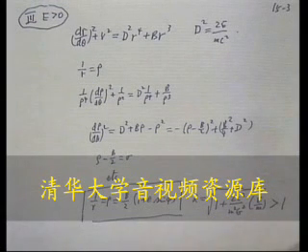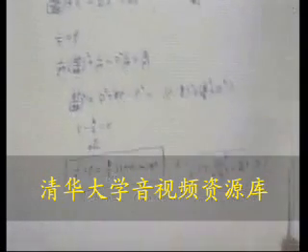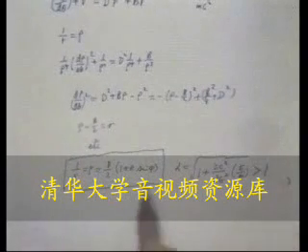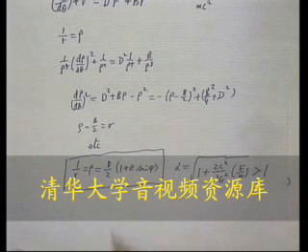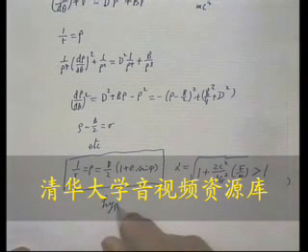So we get the same formula for the 3 cases, but E for the ellipse is less than 1, for the parabola is equal to 1, and now it's greater than 1, and this is a hyperbola.